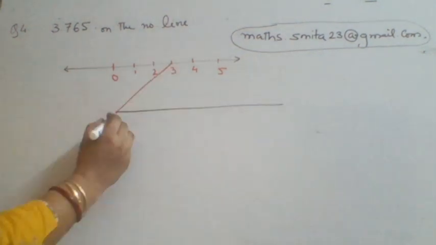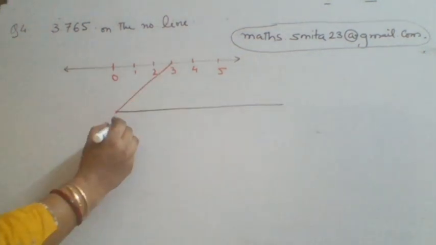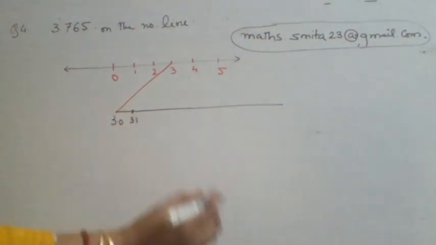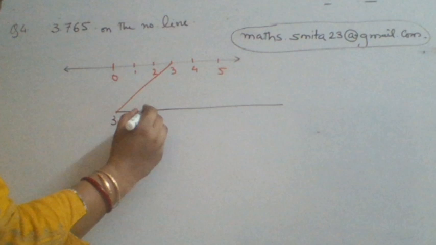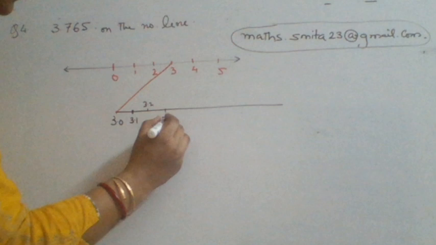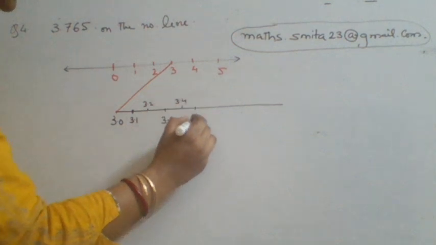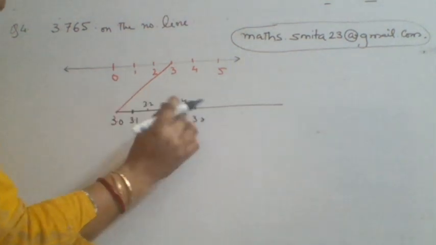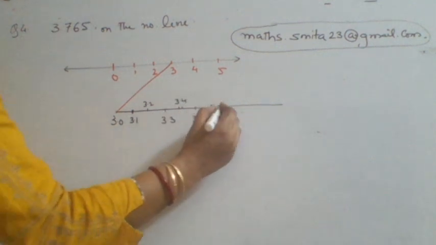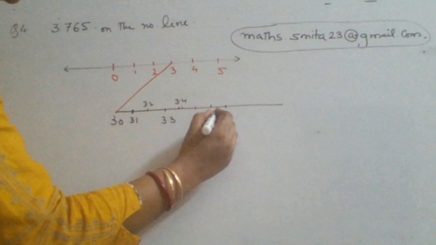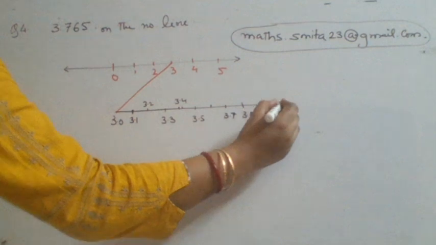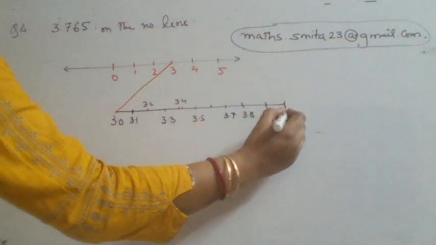If this is 3.0, then next comes 3.1, then 3.2, 3.3, 3.4, 3.5. Make equal divisions, okay? Then 3.6, 3.7, 3.8, 3.9 and this is your 4.0.